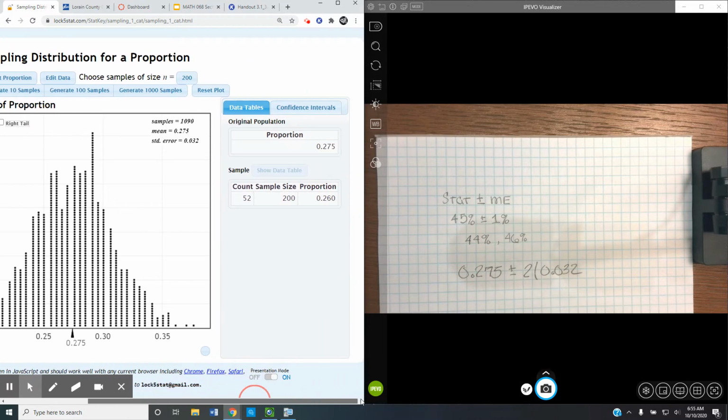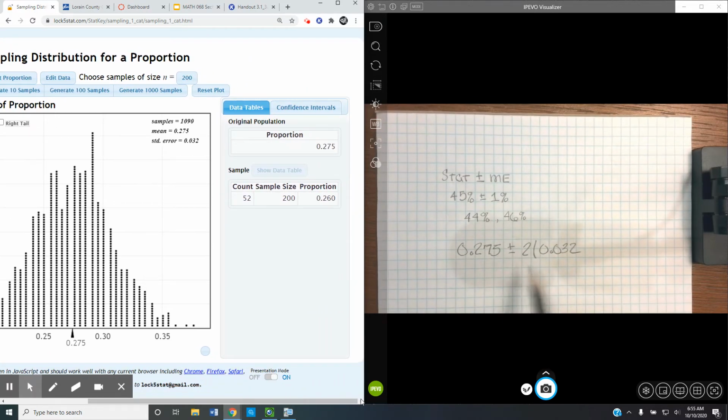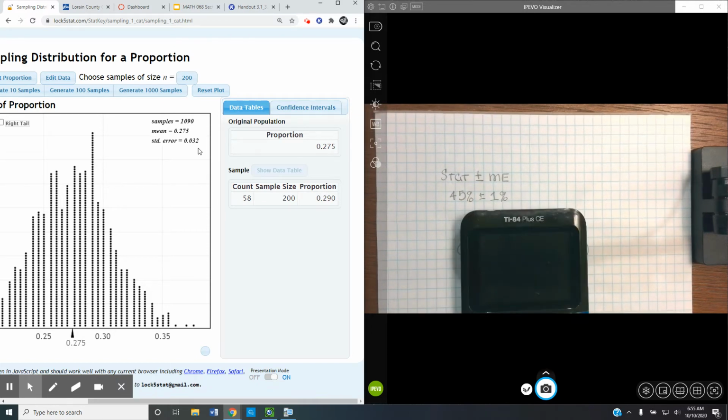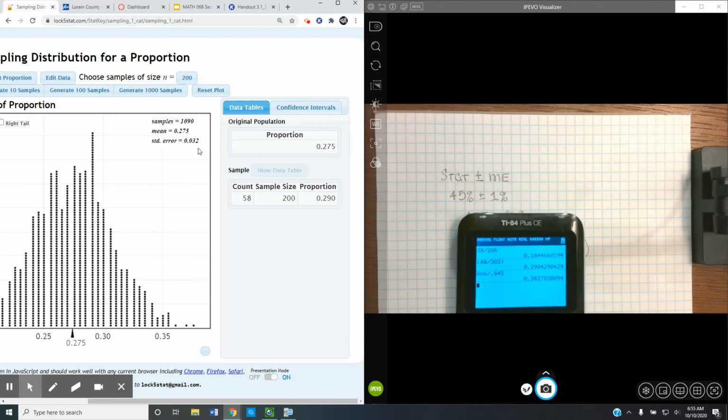So I took the original 0.275 and I took that from here because that was my original statistic. Then I went to the standard error that I calculated from running the StatKey, which is 0.032. The formula says to multiply by 2. So I'll take a calculator and I'll take 0.275 and I'll add 2 of those, 0.032.